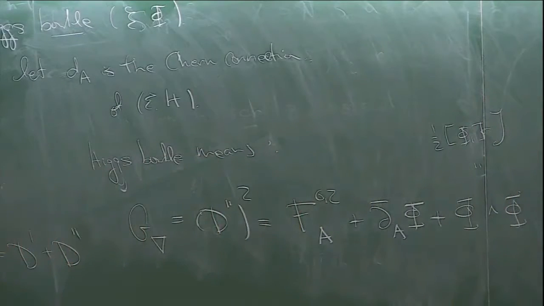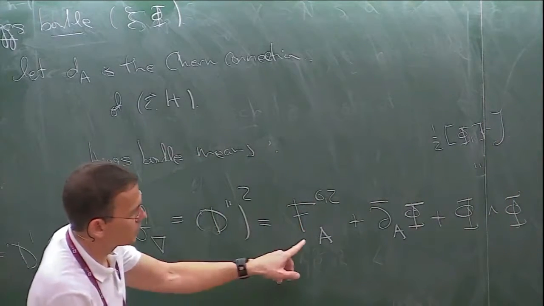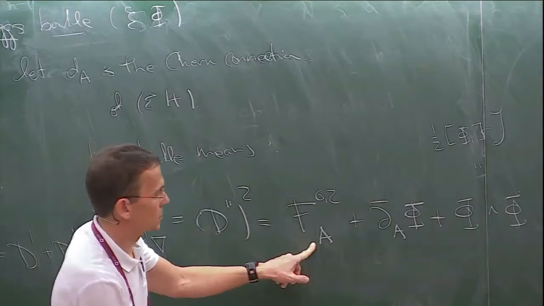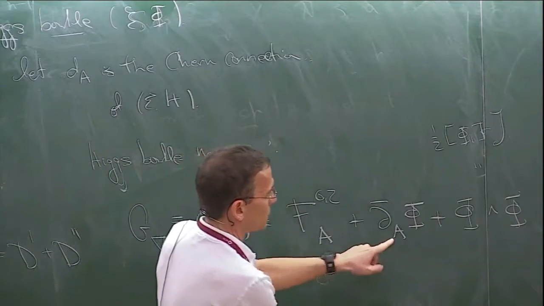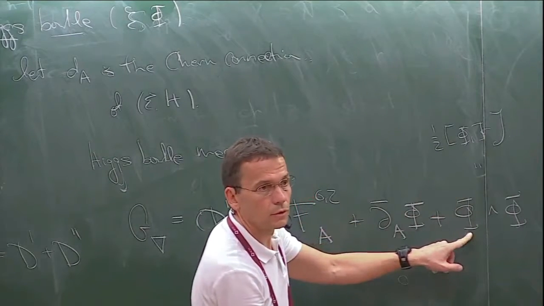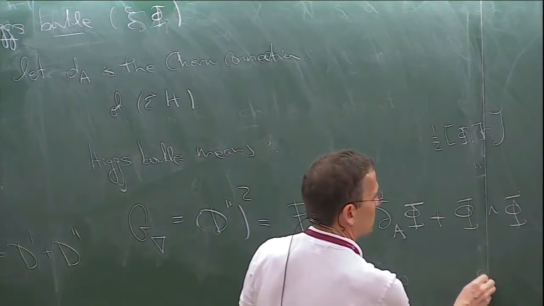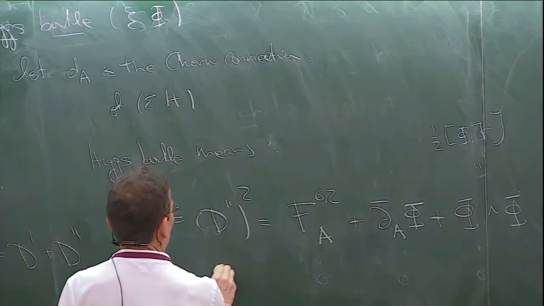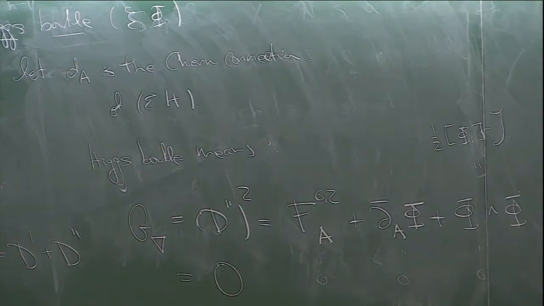Okay? So to say that we have a Higgs bundle means that, first of all, the d bar operator is integrable, so this part is 0. Phi is holomorphic, so this part is 0, and this is the extra condition that one added in the definition of the Higgs bundle, so this part is 0. So G is 0. So this tensor G is 0 in the Higgs bundle case.